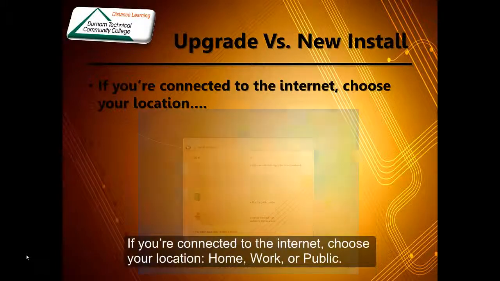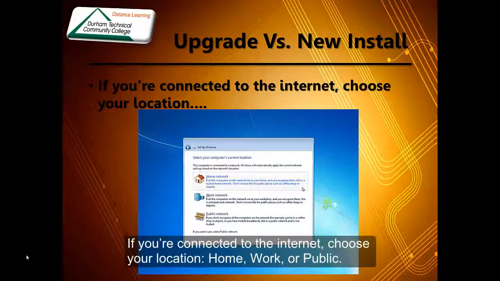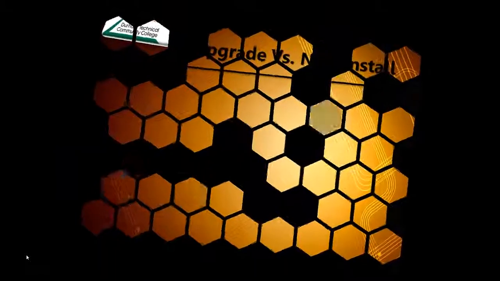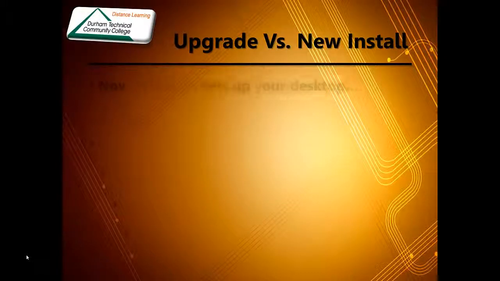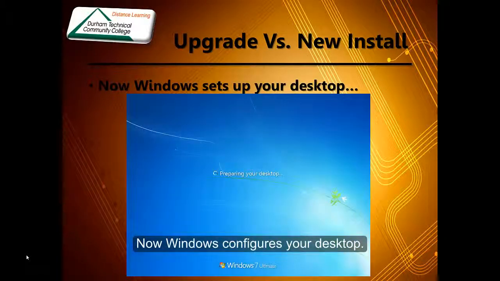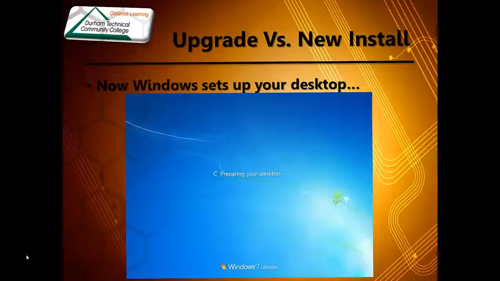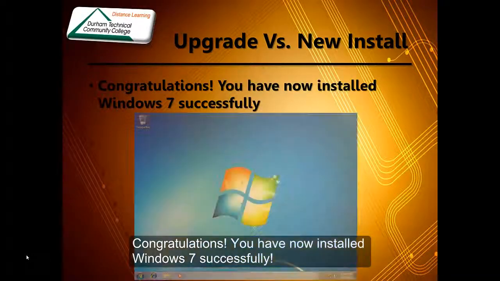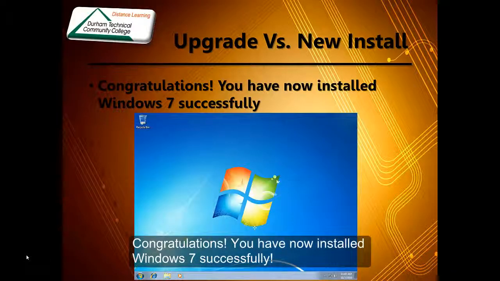If you're connected to the internet, choose your location, home, work, or public. Now Windows configures your desktop. Congratulations, you have now installed Windows 7 successfully.